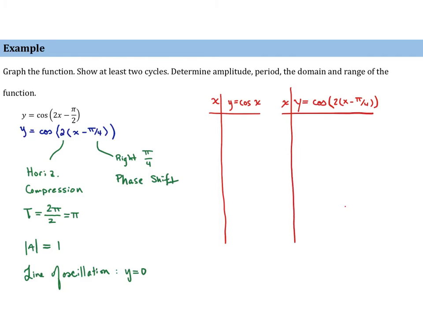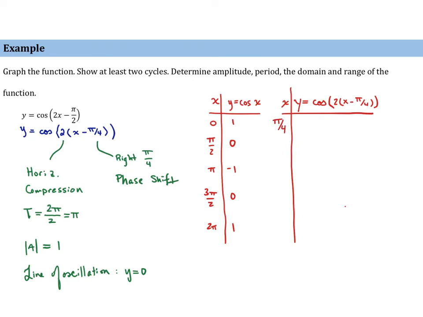So our original table begins with 0 and increments by pi over 2. Starts off the line of oscillation. This time our inputs are changing, and our inputs have been shifted right. So we will begin with pi over 4.